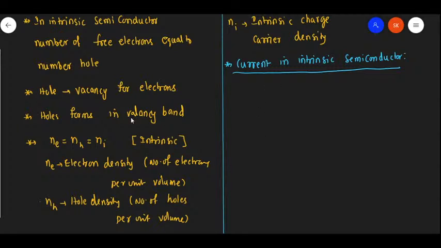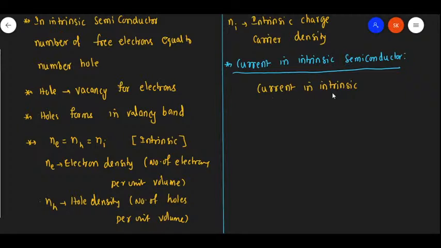Why will the current be generated? Current in intrinsic semiconductor is due to the electrons and holes. Electrons move in the conduction band, holes move in the valence band. Due to that, both provide the current.